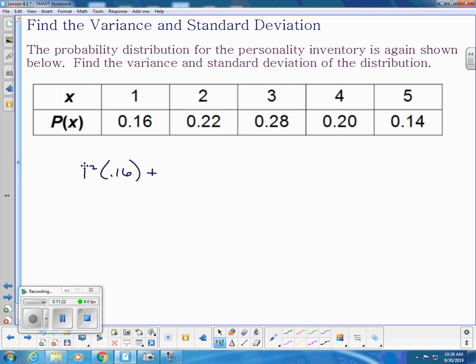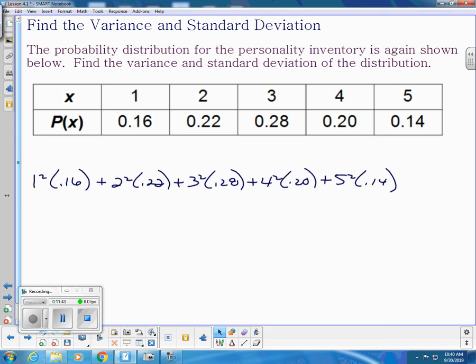You're going to add all these up. 2 squared is, well, I'm just going to write it with the formula. And then we have to take that and subtract the mean squared. So I guess we should have found the mean first.